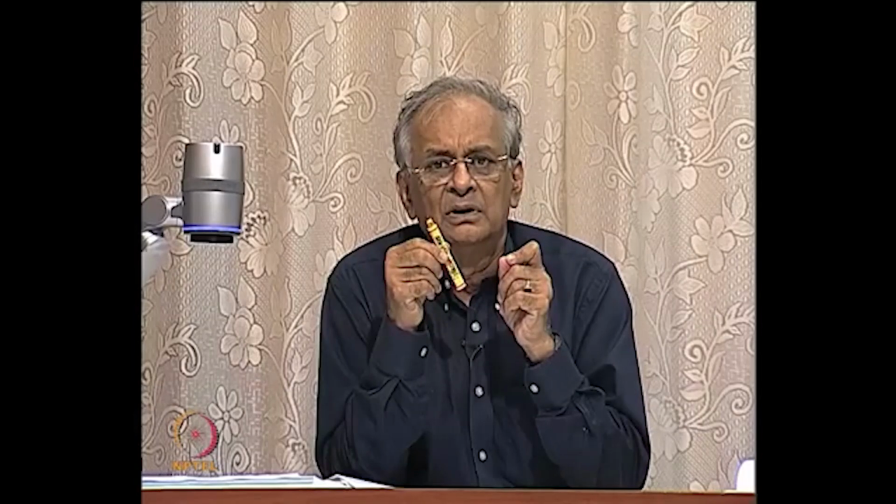Now, the magnets are oriented at random, and therefore, classically the z component of the magnetic moment will be, if this is the vertical direction, mu cos theta, and since theta goes from 0 to pi, the z component of the magnetic moment should have continuously varied from plus mu to minus mu, and therefore, the force that is acting on the magnet would have continuously varied from plus mu 0 to minus mu 0, and you would have the deflection which is proportional to the z component of the magnetic moment.